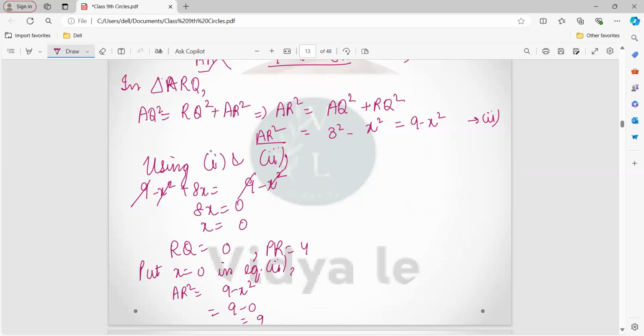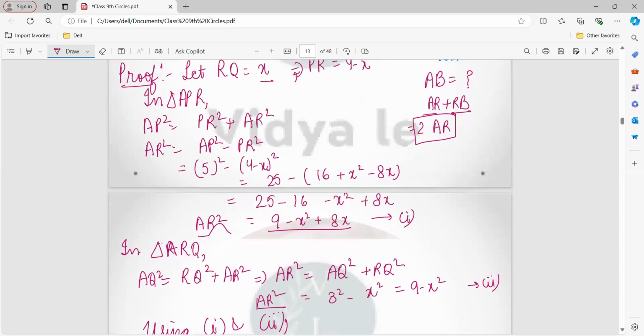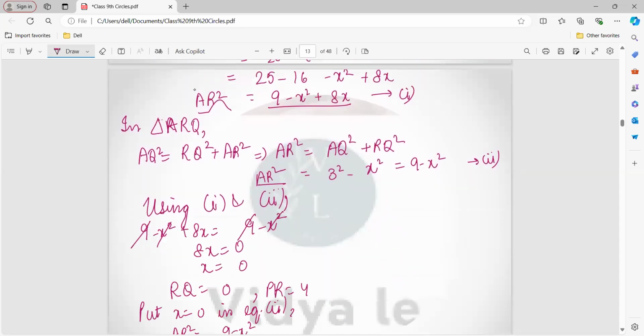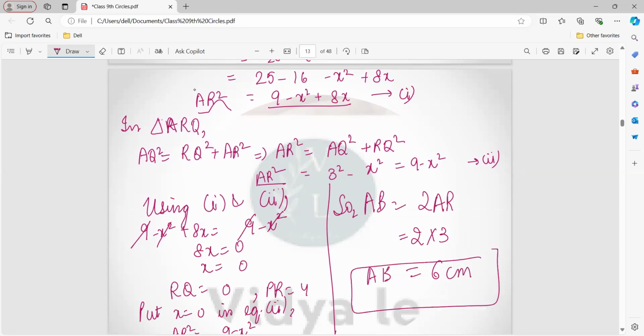That is AR square is 9, or AR is 3 centimeter, right? Now we want to find AB, and AB we know is equal to 2 times AR, that is 2 times 3. So AB is 6 centimeter.